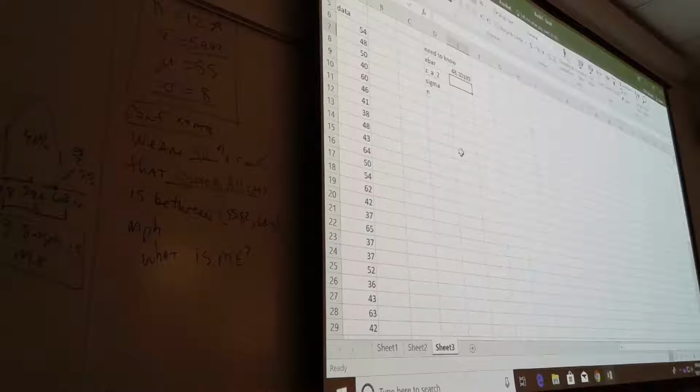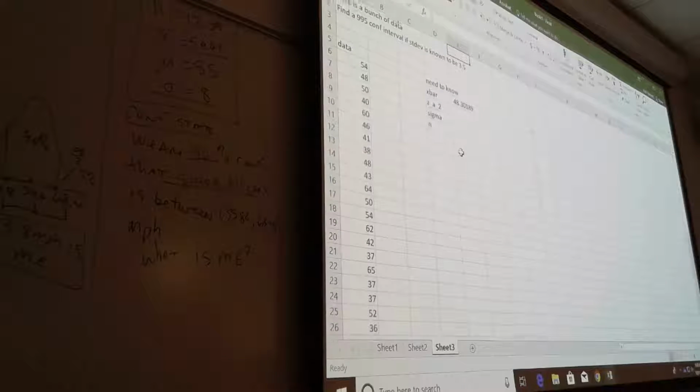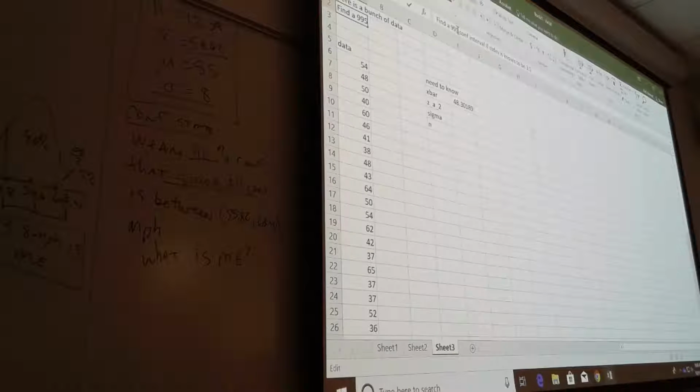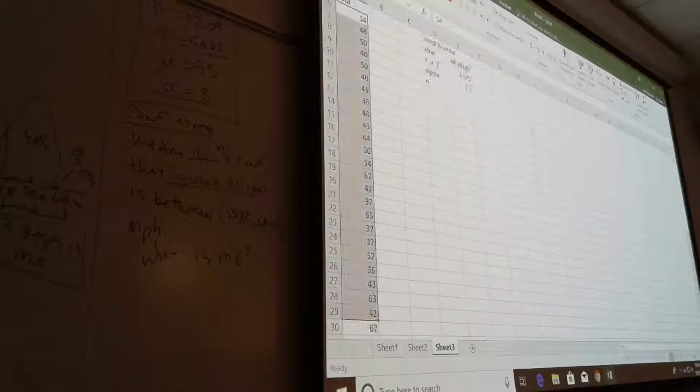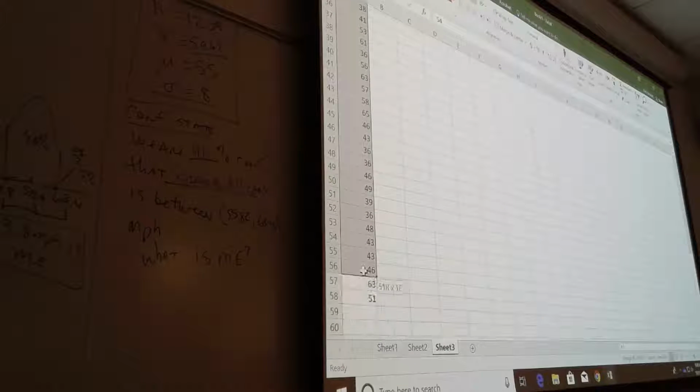What's my Z sub alpha over 2? Oops, it's supposed to say 99%. 2.575. How did you get that number? Look at the table. What's your sigma? 3.5. What's your n? 53.